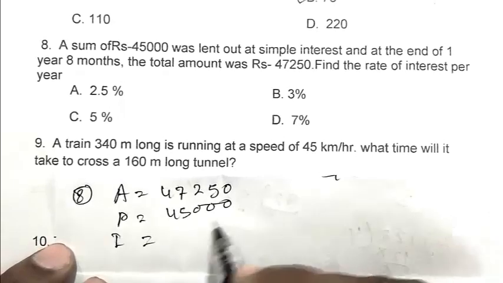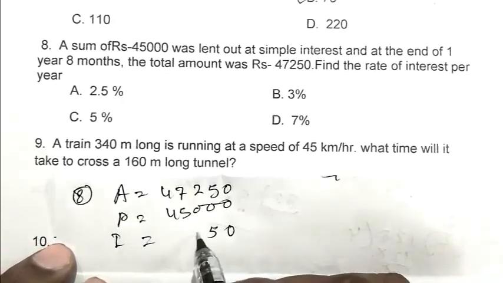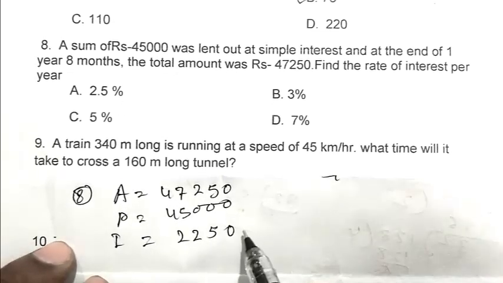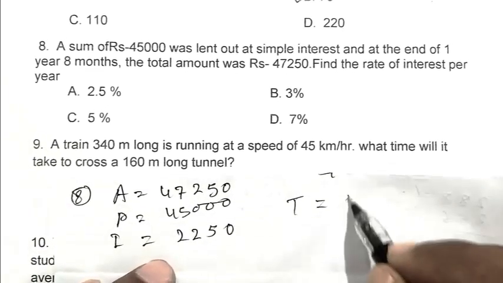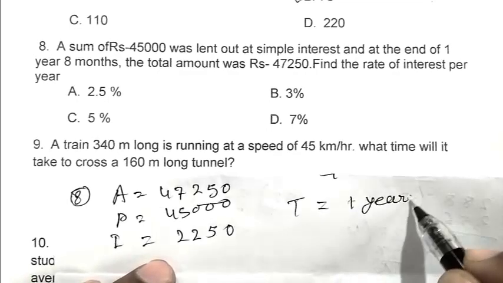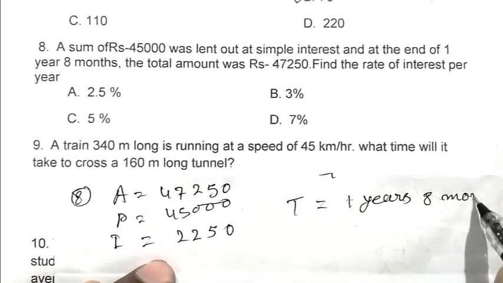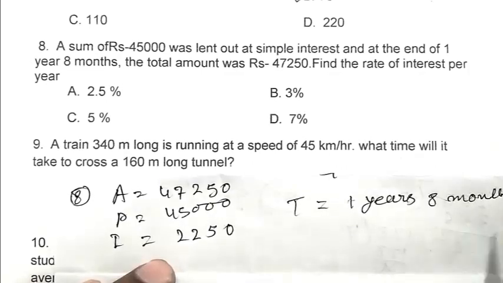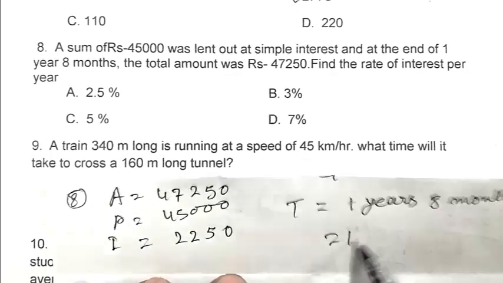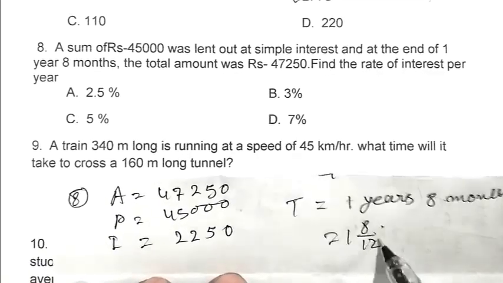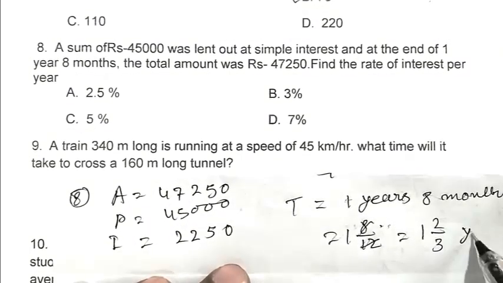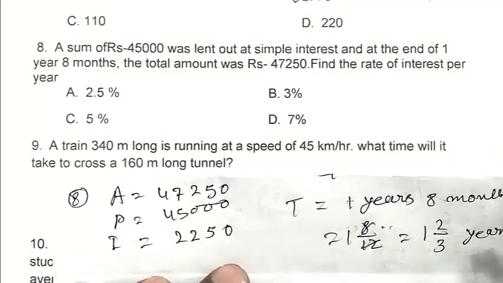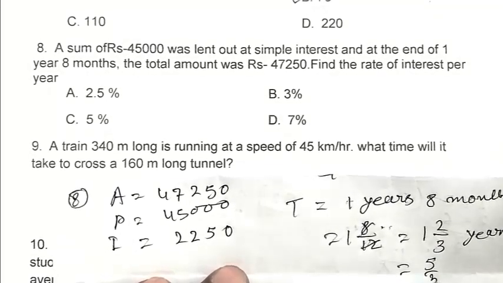So interest is 2,250. Time is 1 year 8 months, that is 1 whole 8 by 12, that is 1 whole 2 by 3 years, that is 5 by 3 years.